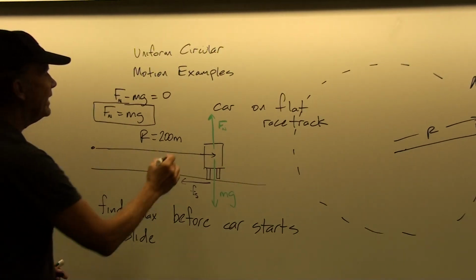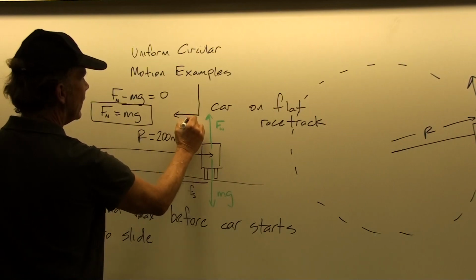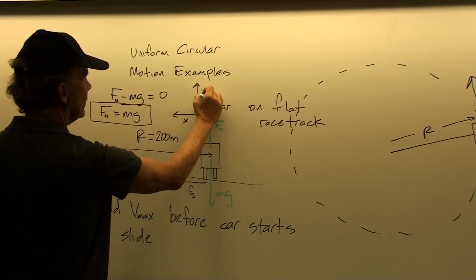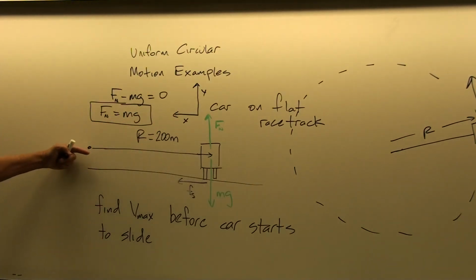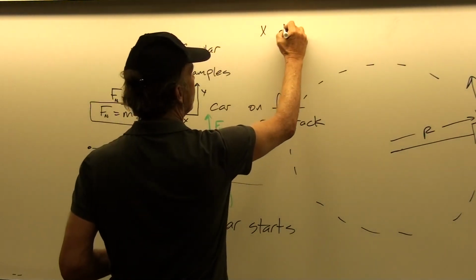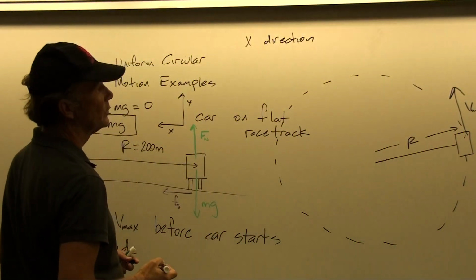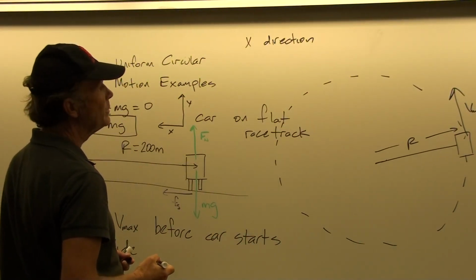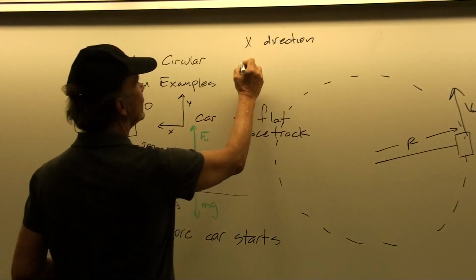But in the x direction, and this is something I always want you to do in these problems, define the x direction positive inward toward the center of spin. We always do this, because that's the direction of the centripetal force, and so it's got to be positive in the direction that makes the car go in a circle.